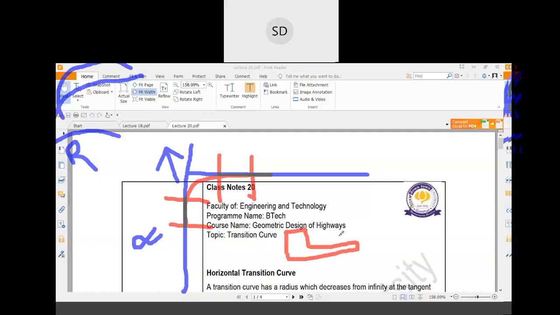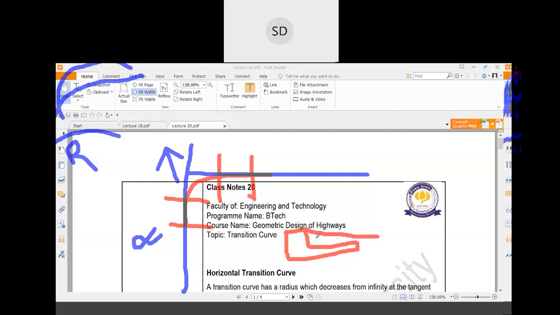So there would be a sudden change. Initially that would be straight, and after some time, or suddenly, you are providing that super elevation. So you have to gradually provide that super elevation, so that the vehicle can ascend that super elevation portion swiftly.